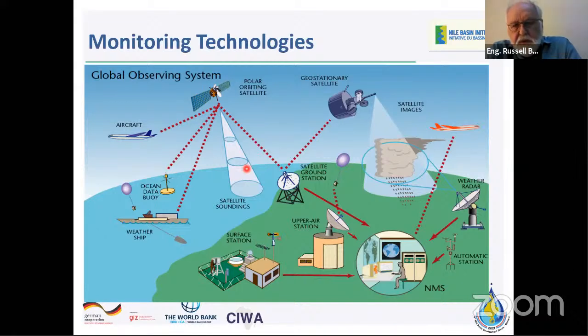If you think about Hydro SOS, what it's trying to do is take advantage of all these technologies for providing data and information, integrating that to be able to provide a service, a decision support system, to be able to support better information that's integrated. And I think that's one of the goals that we should be looking at when we're trying to deploy state-of-the-art technologies in the Nile Basin.